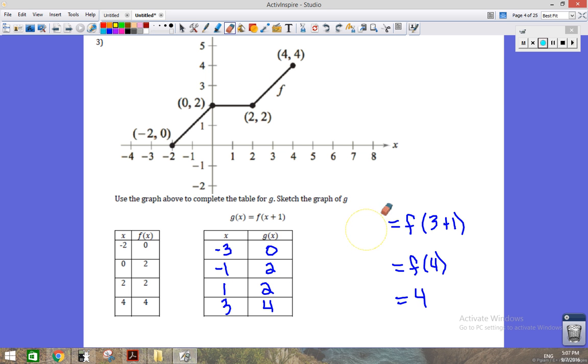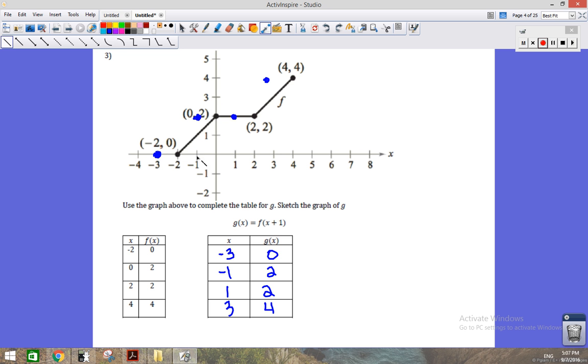Let's plot these points and see what we observe. Negative 3, 0 is over here on the x-axis. Negative 1, 2 is up here. 1, 2 is right here. And 3, 4 is right here. Well, let's connect these points.